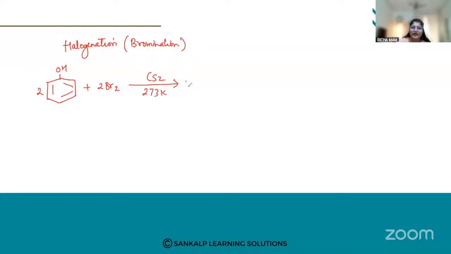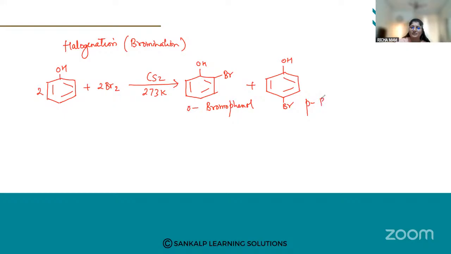We get ortho-bromophenol and para-bromophenol, plus 2 HBr. So this is a halogenation reaction.